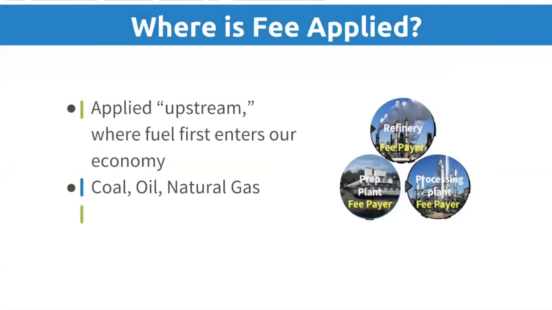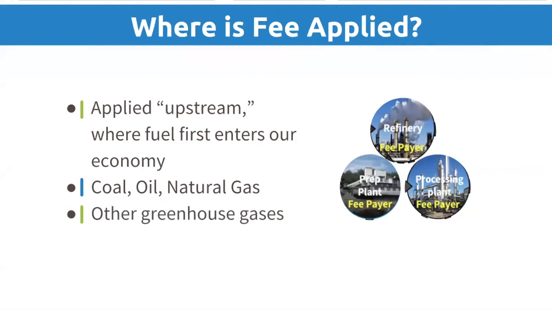That's about 140 refineries. And natural gas at the processing plant. That's about 500 plants. For non-fossil emissions like hydrofluorocarbons, CCL's proposal states the Department of Energy shall propose and promulgate regulations setting forth CO2 equivalent fees for other greenhouse gases.